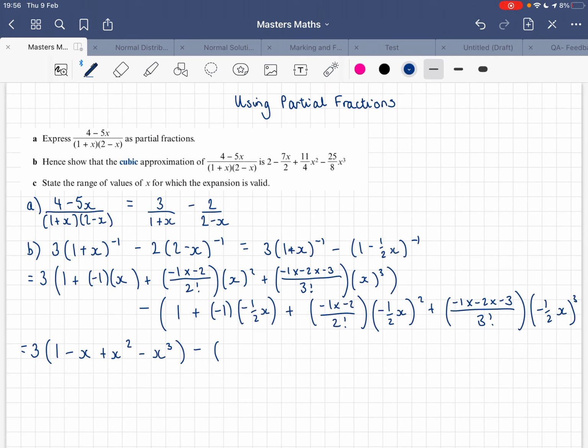So it's 1 plus a half x, that would be plus a quarter x squared, and then, no, that would be minus 1.